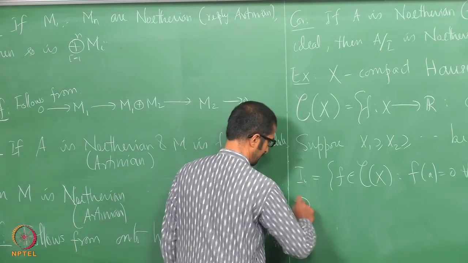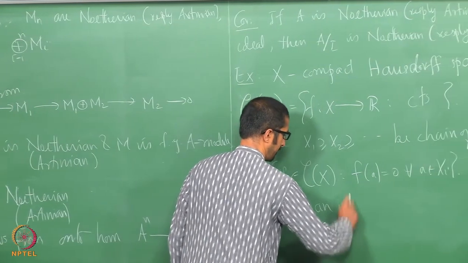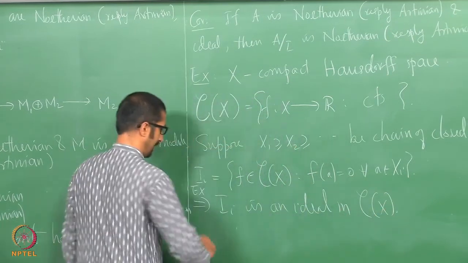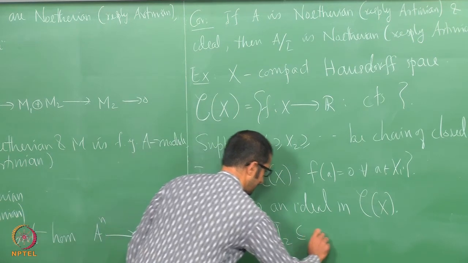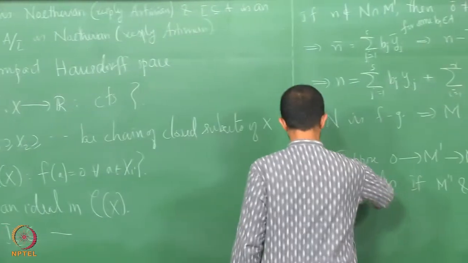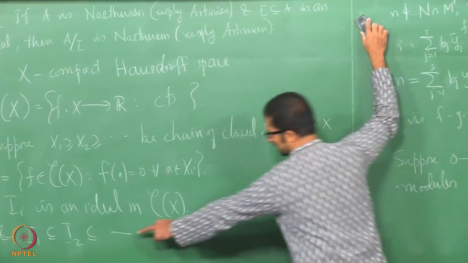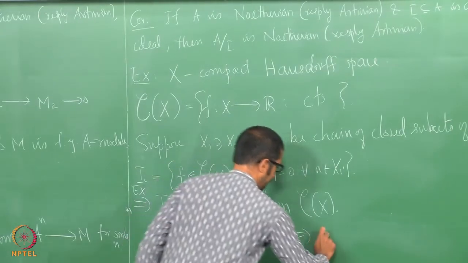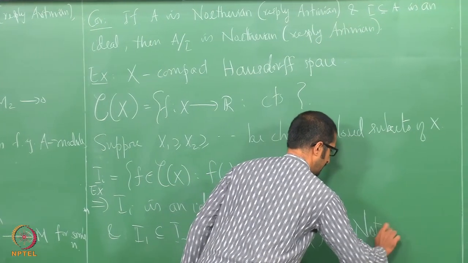One can check, as an exercise, that I_i is an ideal in C(X), and I1 is contained in I2 contained in so on. So, if this is a strictly decreasing chain, then this is a strictly increasing chain, and that would imply that C(X) is not Noetherian.